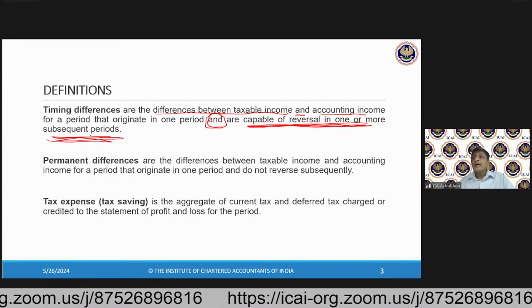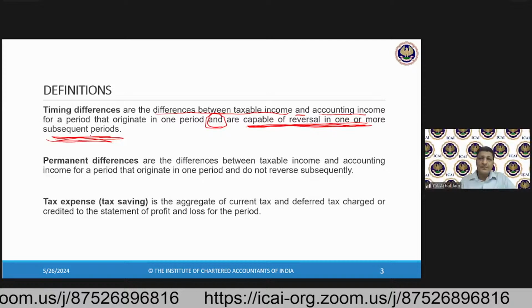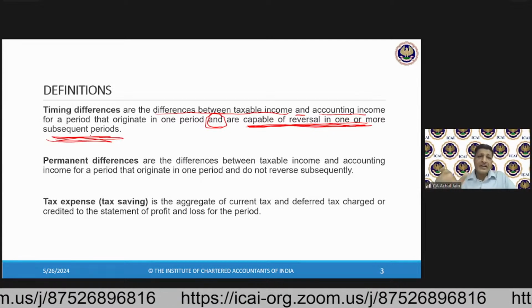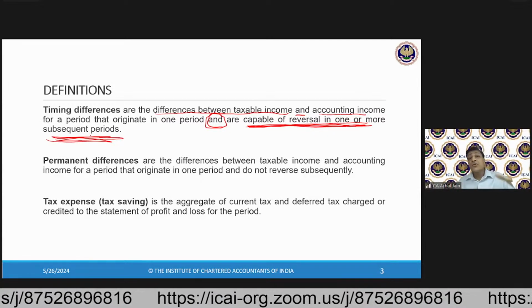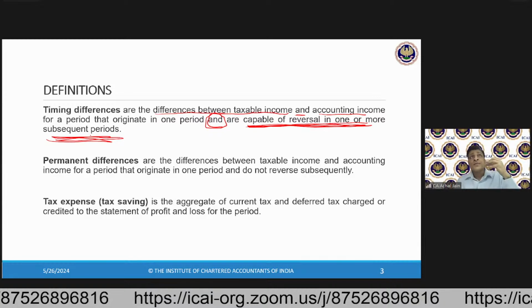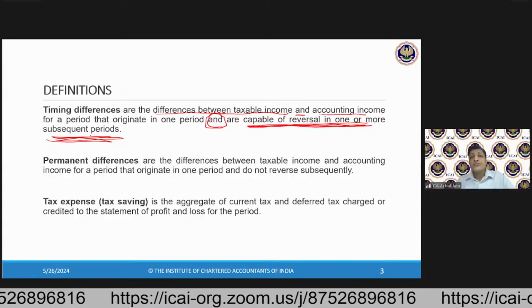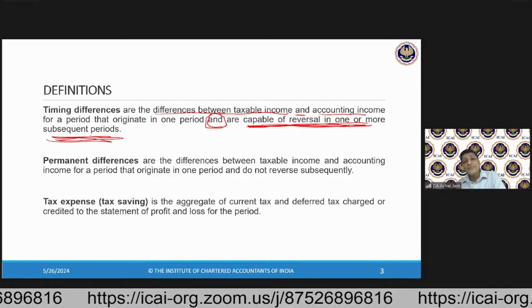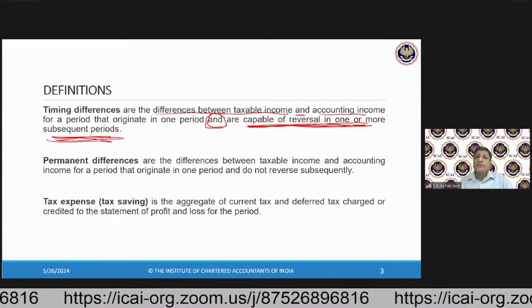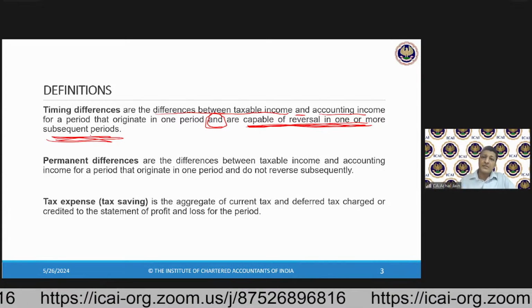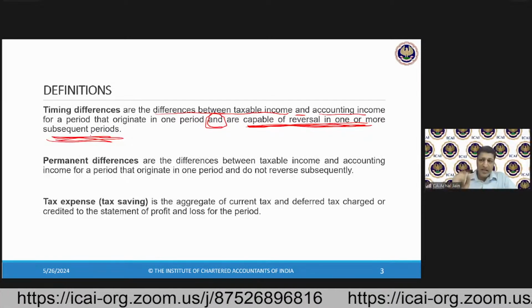And for this, we discussed that depreciation could be one example. And for depreciation, we discussed that under the books of accounts, we follow useful life, which is different from the rates of depreciation prescribed by income tax.